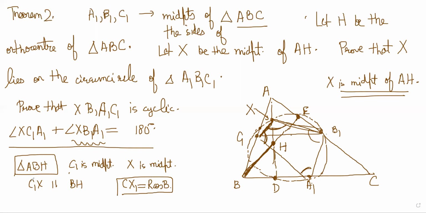But the main thing is that C1X is parallel to BH, and BH is perpendicular to AC. So technically you can say that C1X will also be perpendicular to AC.